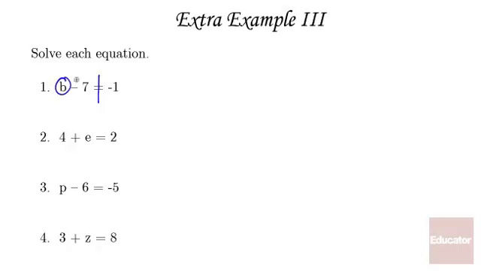And you're getting rid of it by doing the inverse operation to this side and to that side. Because whatever you do to one side, you must do to the other side. So the inverse operation of minus is plus. So I have to add 7 so that this will go away, right? Add 7 here.